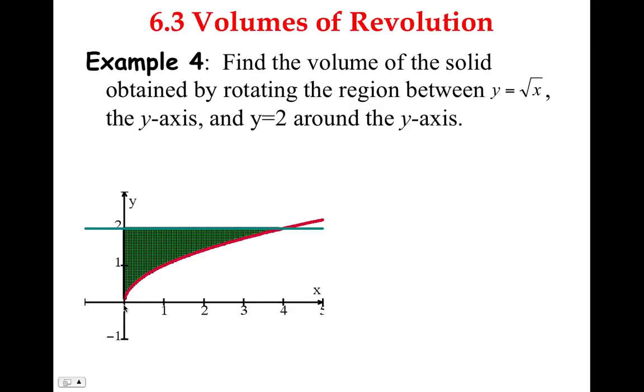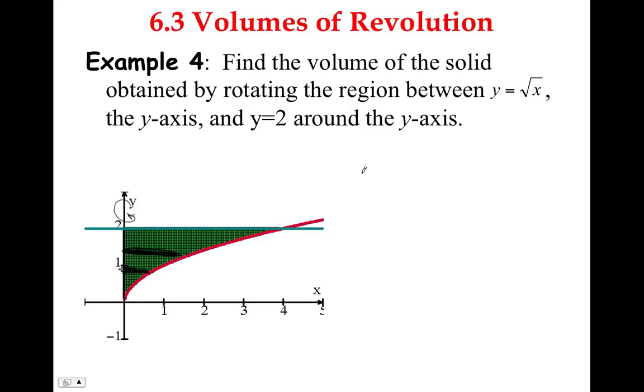The region between y equals the square root of x, the y-axis, and the line y equals 2 around the y-axis. This time I'm going to be rotating around the y-axis, which means I'm going to have my cross sections, I hope you can see those, perpendicular to the y-axis, which means I'm going to be integrating with respect to y, which means everything needs to be in terms of y values.